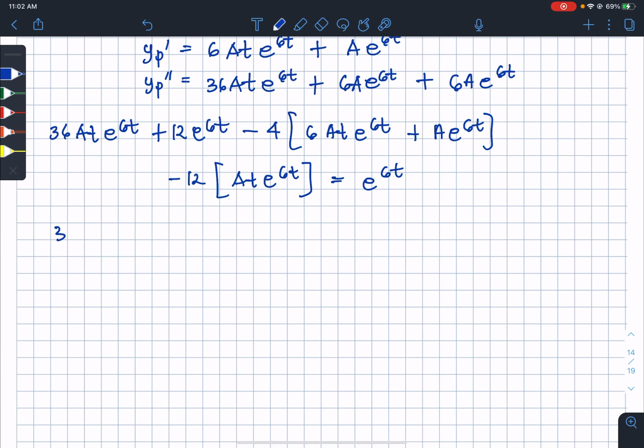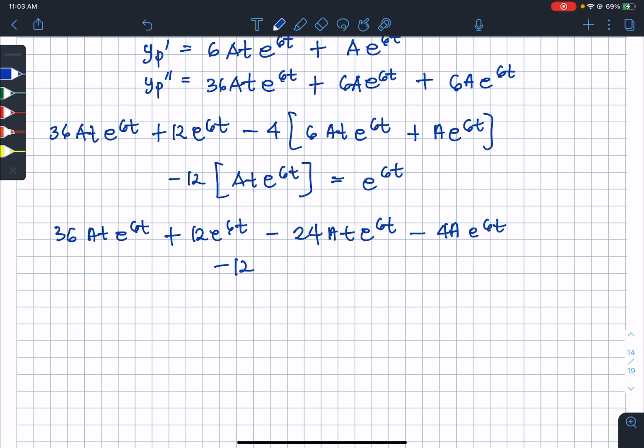So at e^(6t) is equal to e^(6t). So this is 36at e^(6t) plus 12a e^(6t) minus 24at e^(6t) minus 4a e^(6t) then minus 12at e^(6t) equals e^(6t).